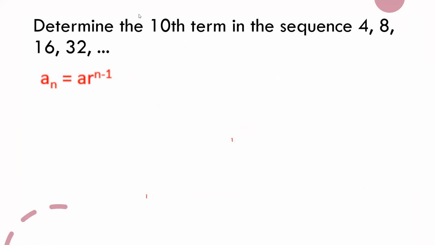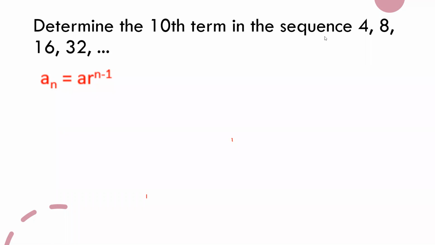I have here: determine the 10th term in the sequence 4, 8, 16, 32. First we have to identify whether this is really a geometric sequence or an arithmetic sequence. Let's check. If it's arithmetic, to get from 4 to 8 you add 4. So 4 plus 4 is 8, plus 4 is 12, so a sub 3 would be 12, but the next term is 16. That means this is not arithmetic.